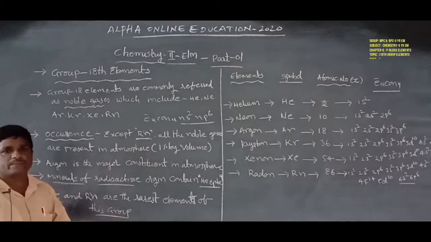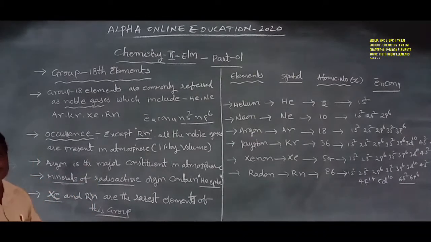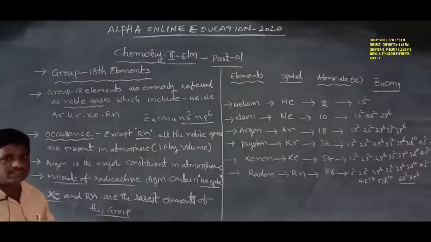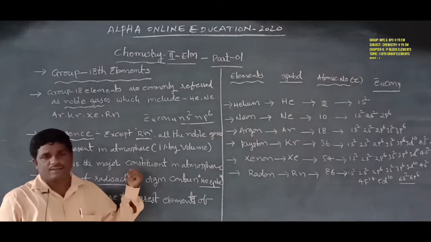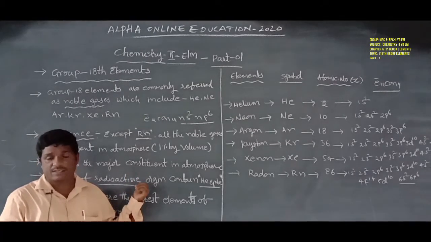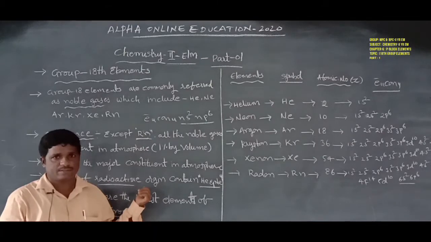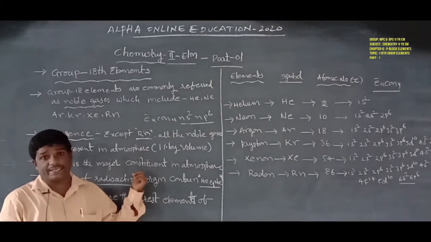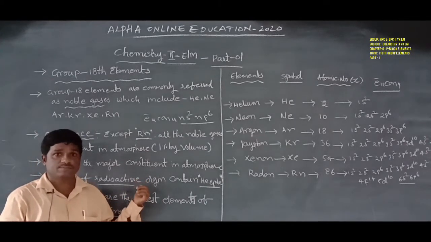This is the occurrence of group 18 elements, the noble gases. Noble gas compounds were first isolated by Bartlett at the University of British Columbia. The scientist Bartlett isolated a xenon compound.